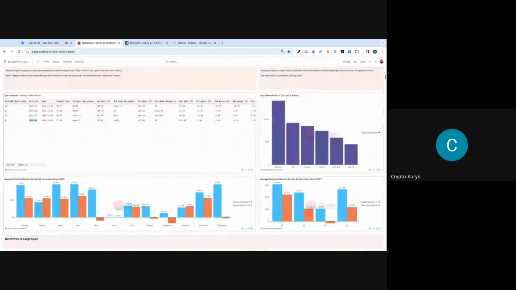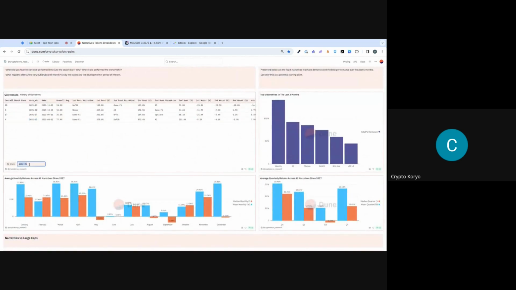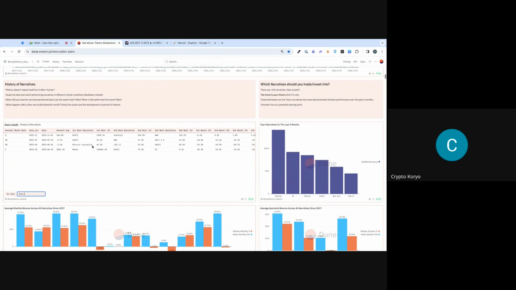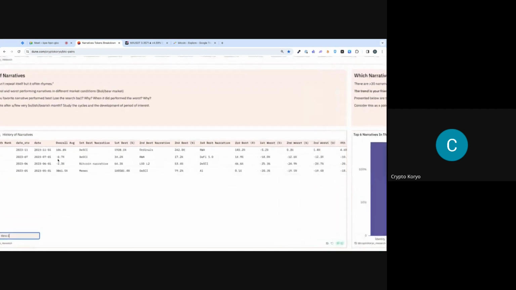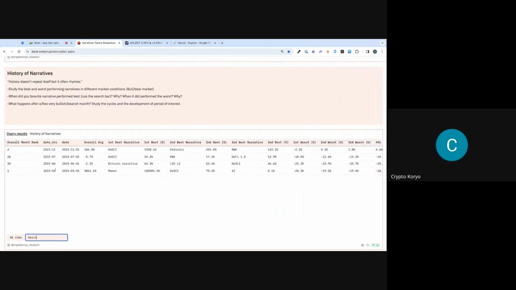I think there are two things that can help here. Always look back at the history of narratives and see what happened. So here, as you said correctly, if you look at DeFi in 2023, it had some good months, 3 consecutive months where it was among the top, here second, third, and first, and then there was nothing in November.